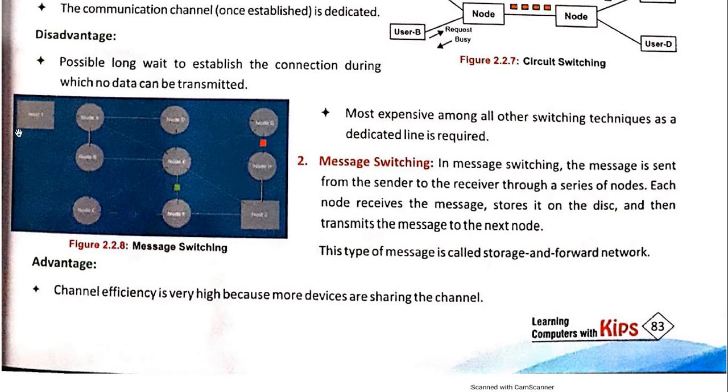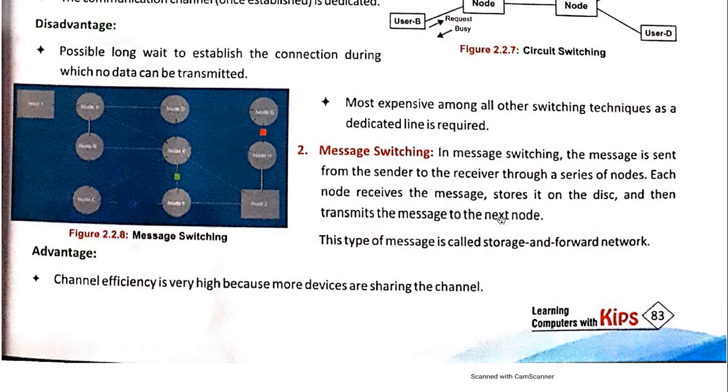This is an example of message switching. All the nodes receive the message, and they check whether it is for them or not, and if it is not, they simply transmit it to the others in the network.